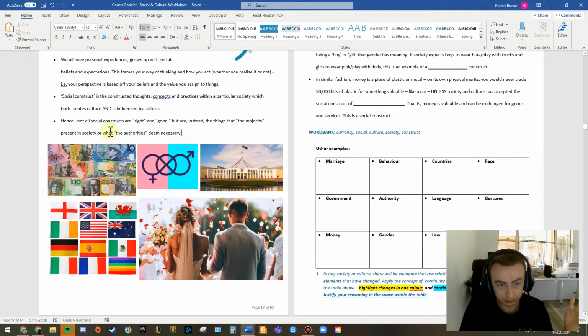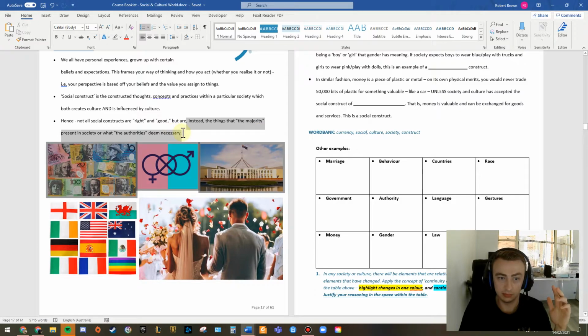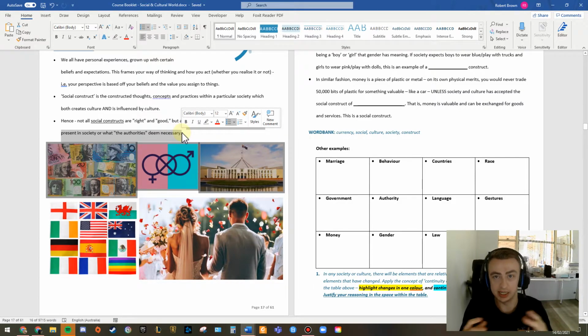So with that in mind, we need to remember that social constructs in and of themselves are not right or wrong, good or bad, but are instead the things that the majority who are present in society can agree upon and deem necessary.